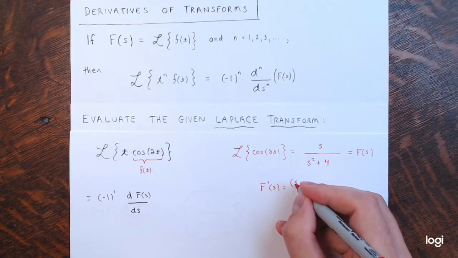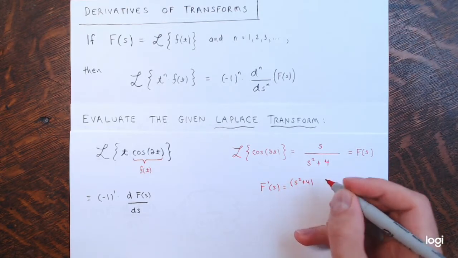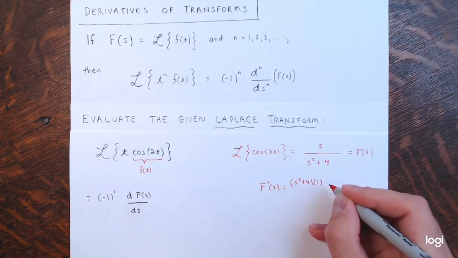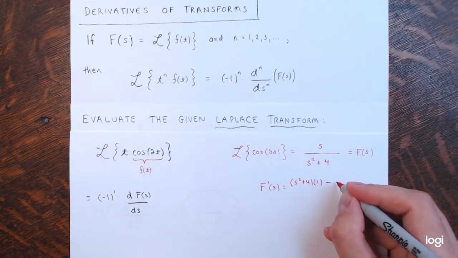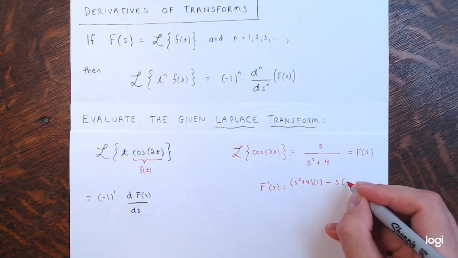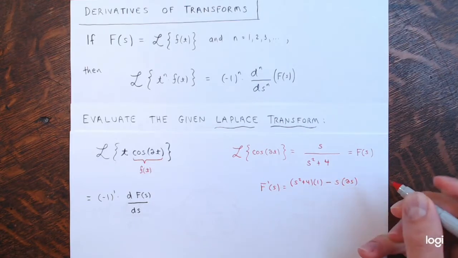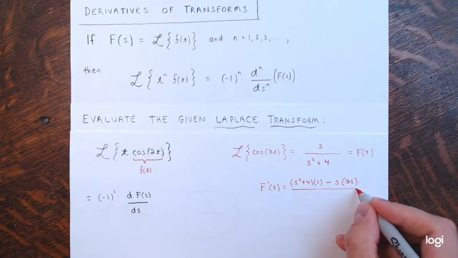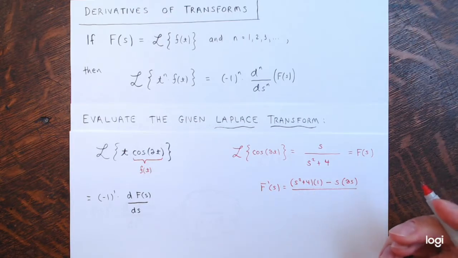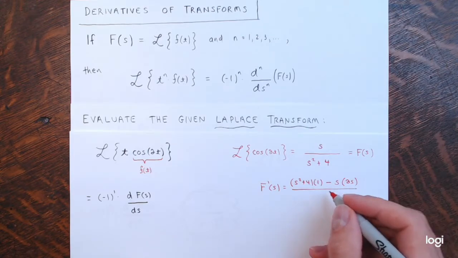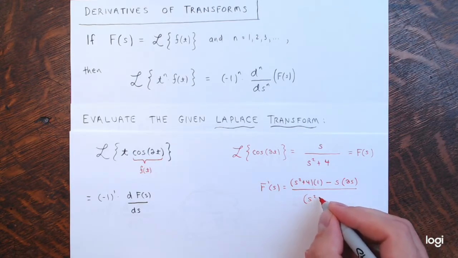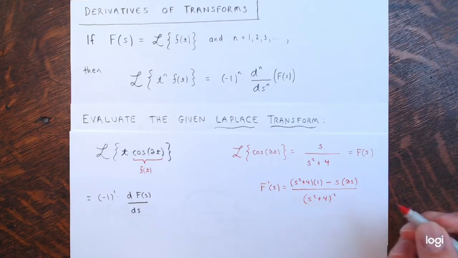We have the denominator times the derivative of the numerator with respect to s, which would just be 1, minus the numerator times the derivative of the denominator with respect to s. And this is from earlier. Remember, this is going to end up being k squared minus s squared, or 4 minus s squared, and then divided by the denominator squared, s squared plus 4 squared.